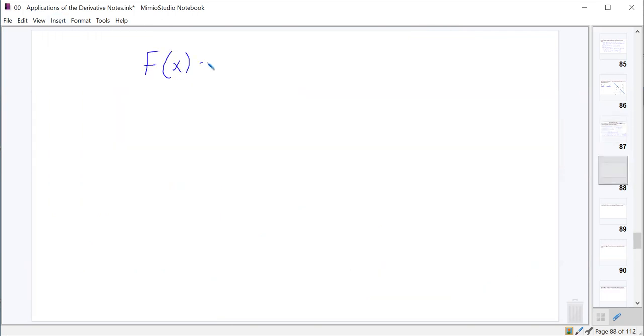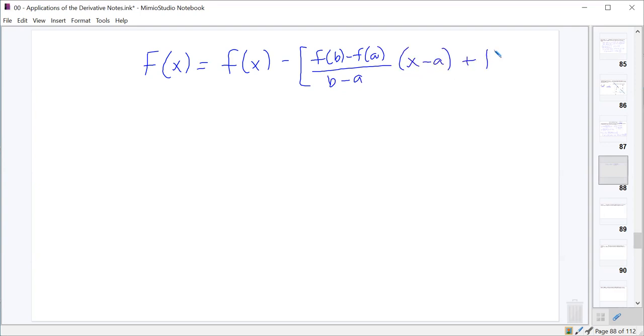Capital F of x was equal to f of x minus the whole quantity f of b minus f of a over b minus a times x minus a plus f of a. And so if we go in and we try to evaluate what is capital F of a, well, that just means we're going to replace all the x's with a's.